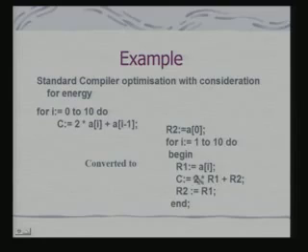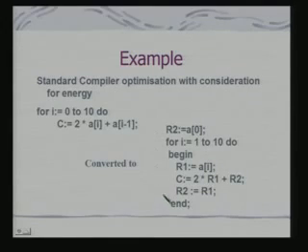So this computation is the same as that computation, but there, for each computation, I had two array accesses, the way the code has been written. Here I have reduced it to a single array access, and I am doing the computation involving simply these registers R1 and R2.